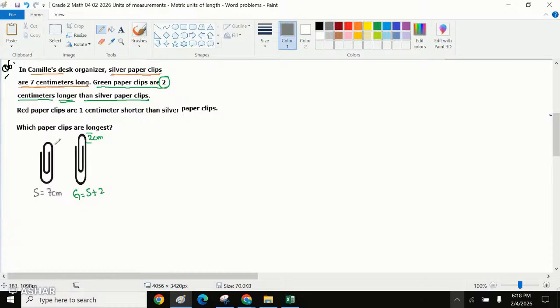And we know the length of silver was 7 centimeters, so green is 7 plus 2. That means green paper clips are 9 centimeters.